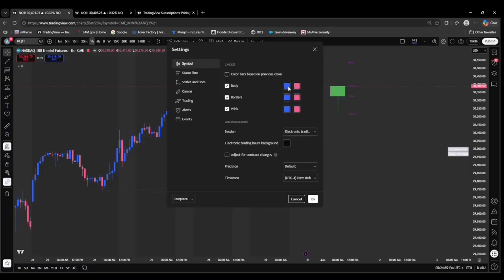I don't want to change everything, but I'm just going to go ahead and put it back as it would normally be. This is how you change your settings, okay?